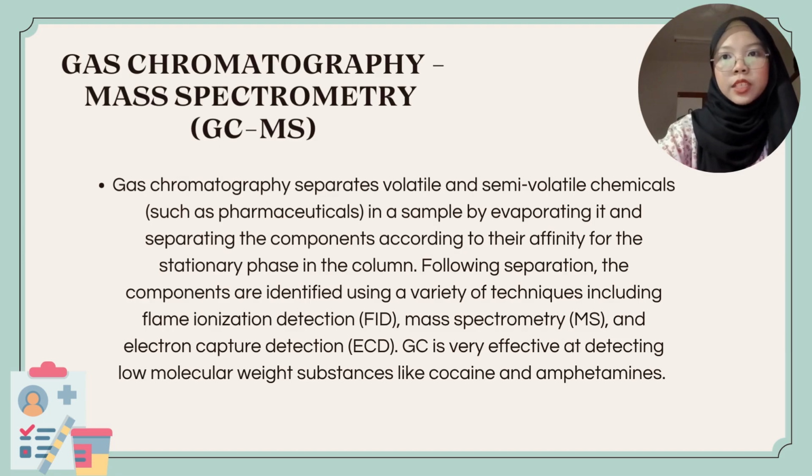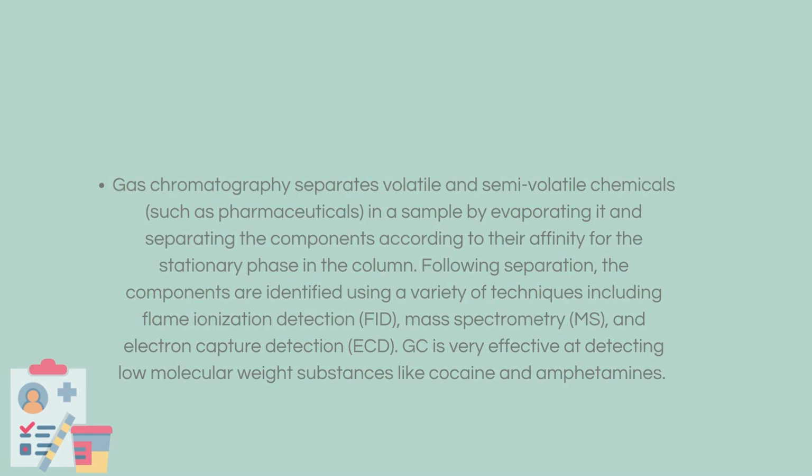Following separation, the components are identified using a variety of techniques including flame ionization detection, mass spectrometry, and electron capture detection. Gas chromatography is very effective at detecting low molecular weight substances like cocaine and amphetamines.